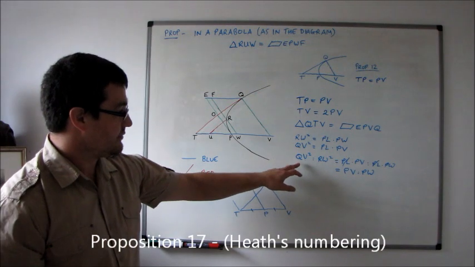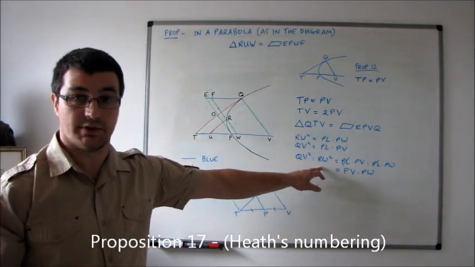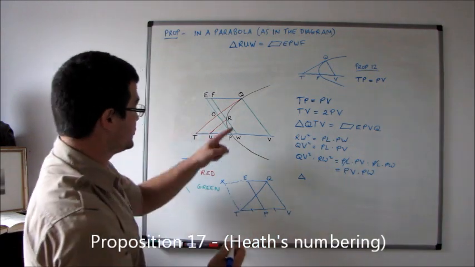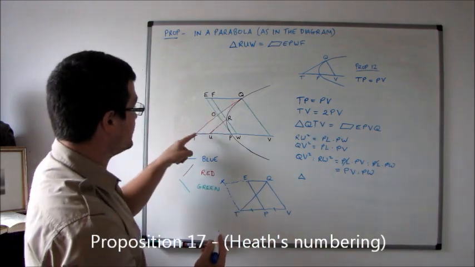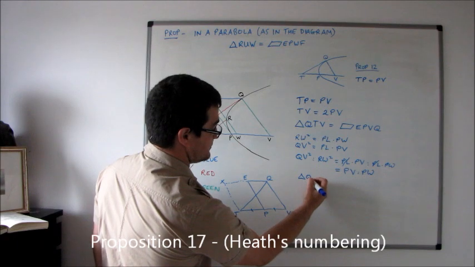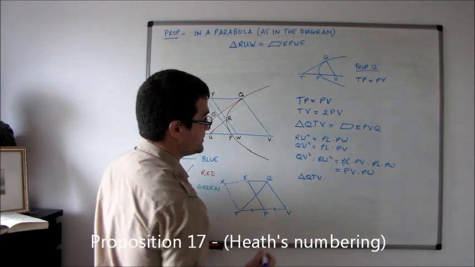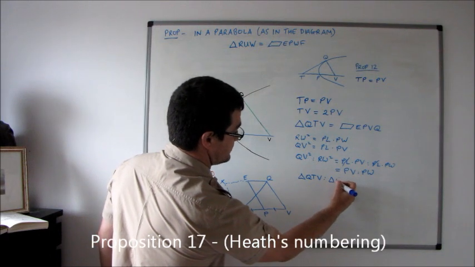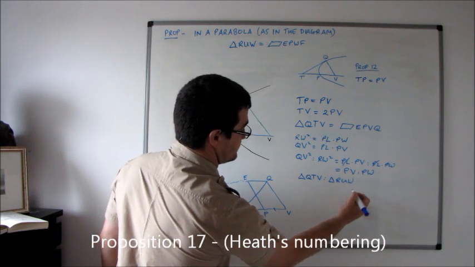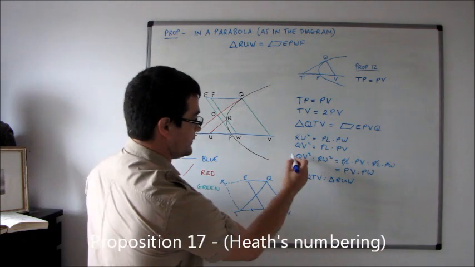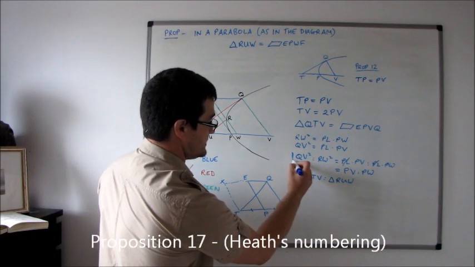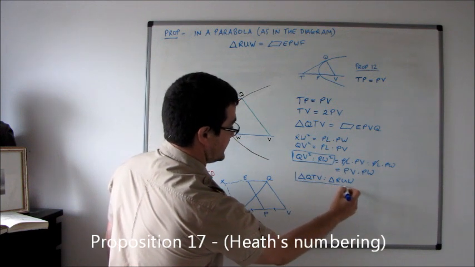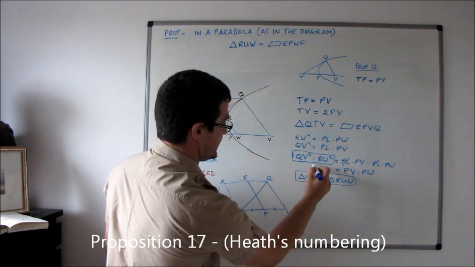Okay, and now the ratio of QV squared to RW squared is the same as the ratio of the area of triangle QTV to RUW. Why? This ratio here, I claim, is equal to this ratio here.